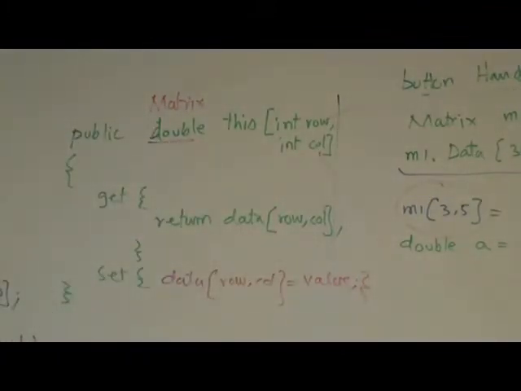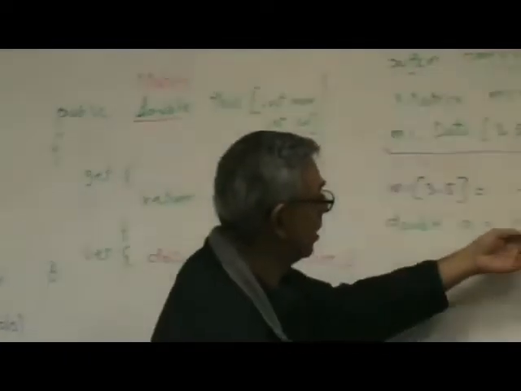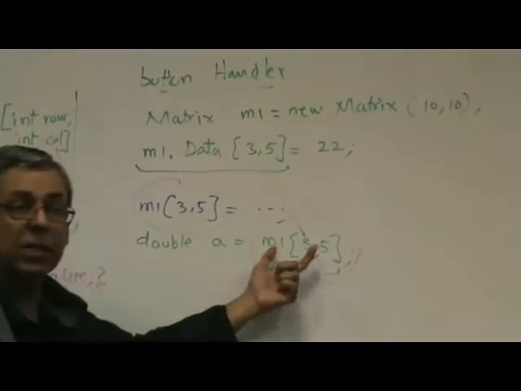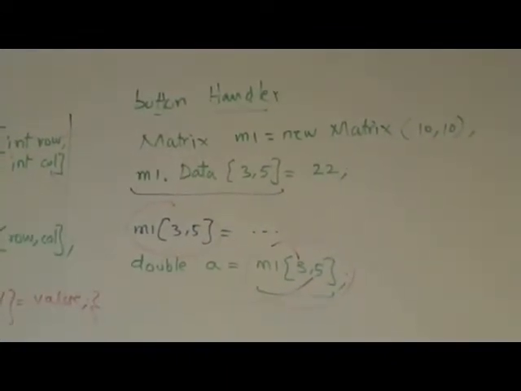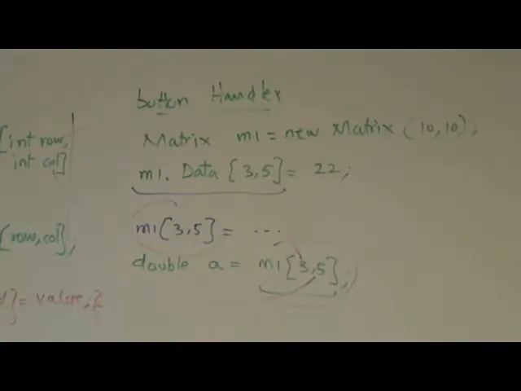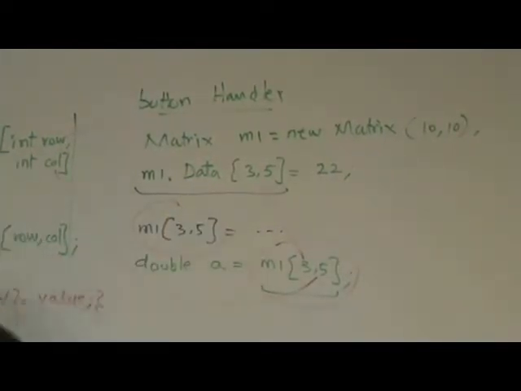So, the bottom line I was trying to make is that indexers, once we have written them, especially when arrays or collections are involved, make our access very intuitive, so that you don't have to keep saying dot and then something, right?